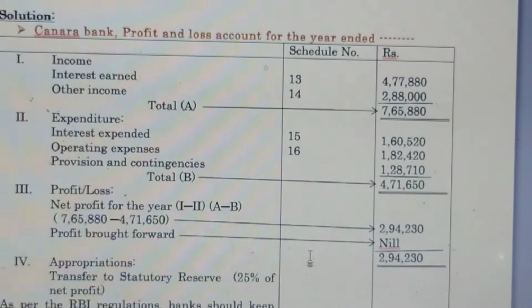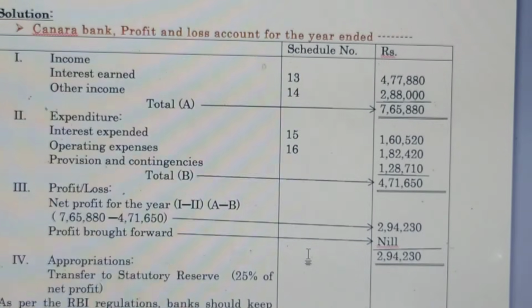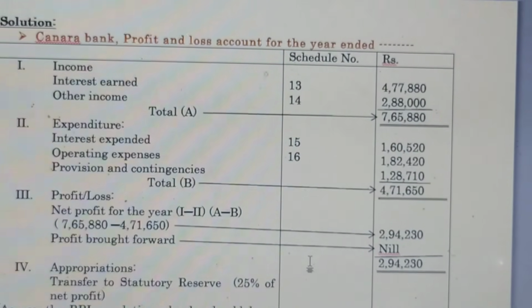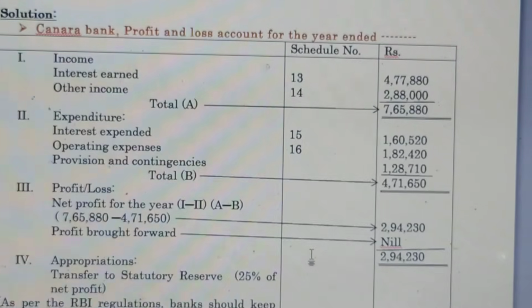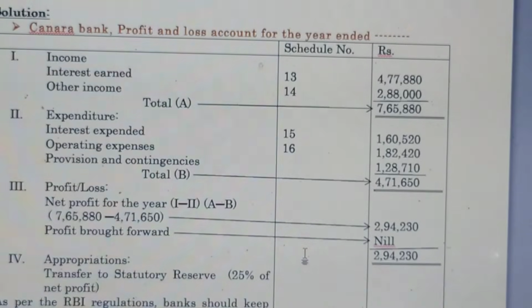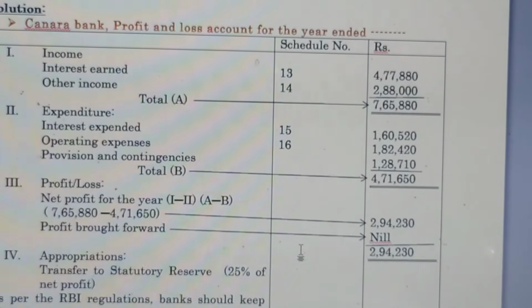Then we mention operating expenses in the particulars column, that is the schedule number 16 heading. Then number 16 will be mentioned in the schedule number column, and the schedule number 16 total in the rupees column.